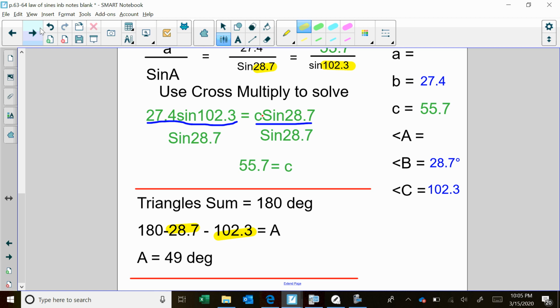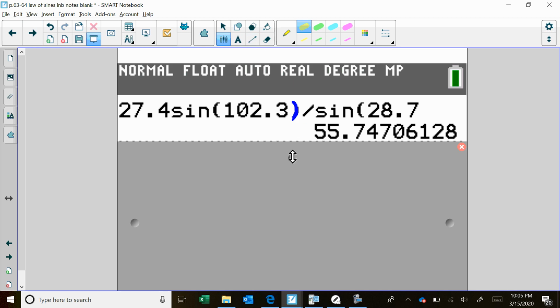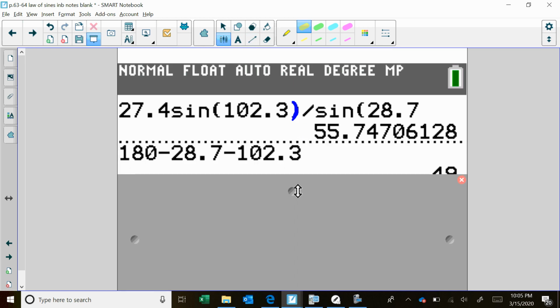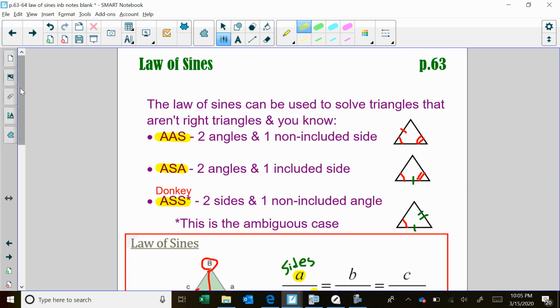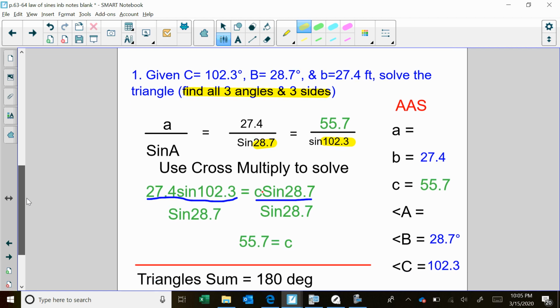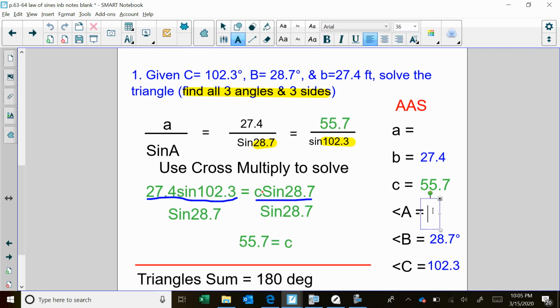And once again, I have that calculation for you right there at exactly 49 degrees. So we now have 2 of the 3 pieces of information we were looking for. We just figured out that A was 49 degrees.